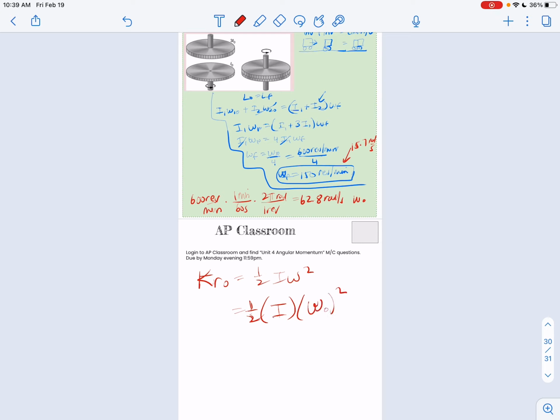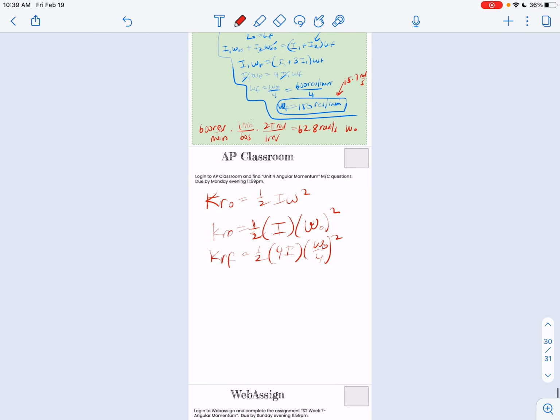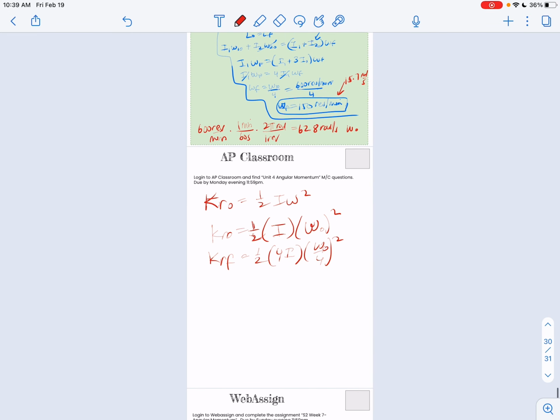Omega naught squared was the initial, and the final was 4I, but also 1/4 squared of the initial, because the velocity was 1/4. Let's just leave it as 1/2 actually.